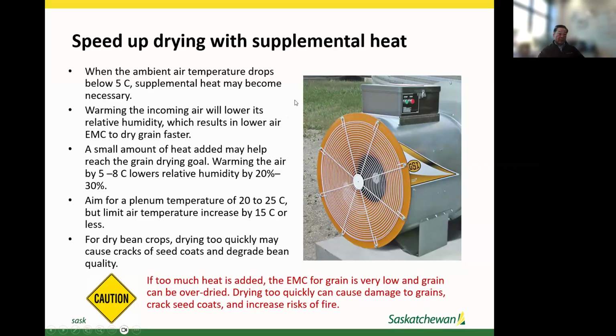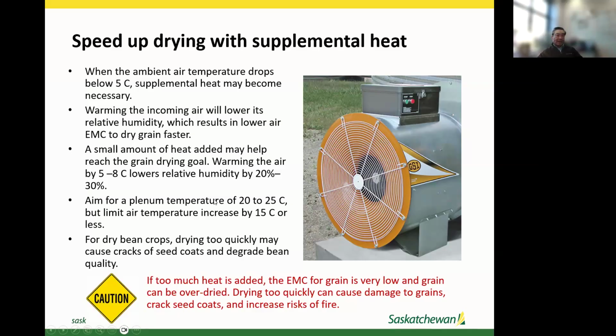Warm incoming air will lower its relative humidity; for every 20 degrees of increase, the humidity would drop to about half. A small amount of heat added may help reach the grain drying goal.